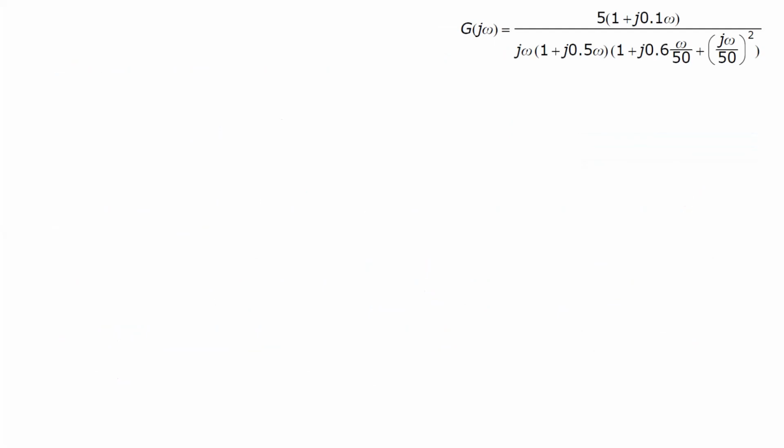First of all, what are the corner frequencies? What are the poles and zeros of the system? Can somebody tell me? Yes, for the zeros, for example, we have 1 plus j.